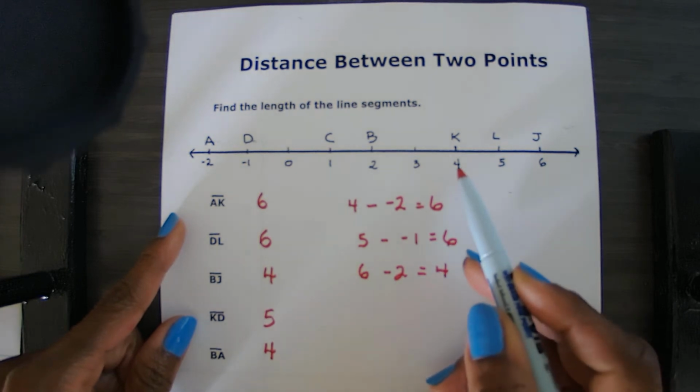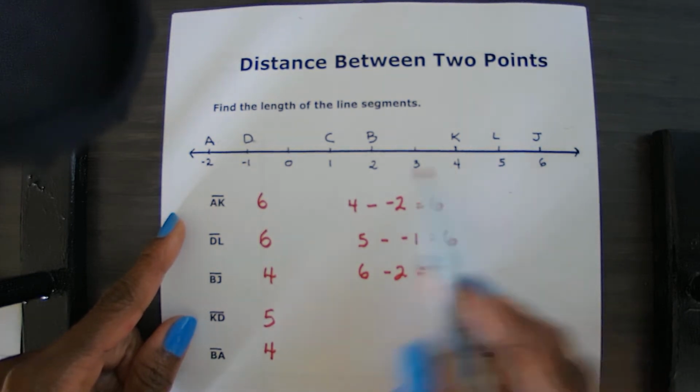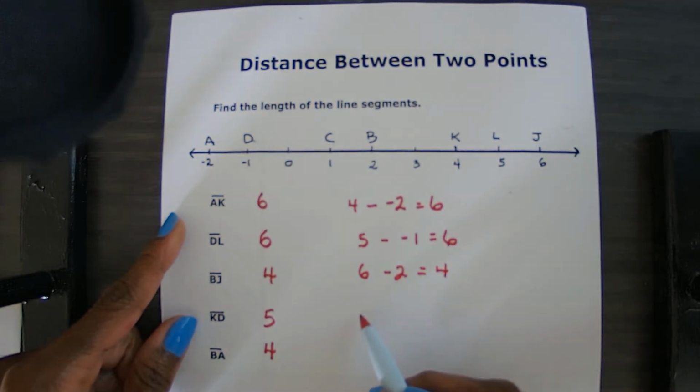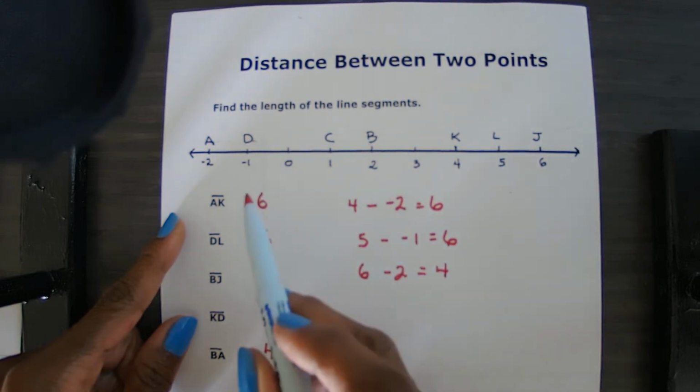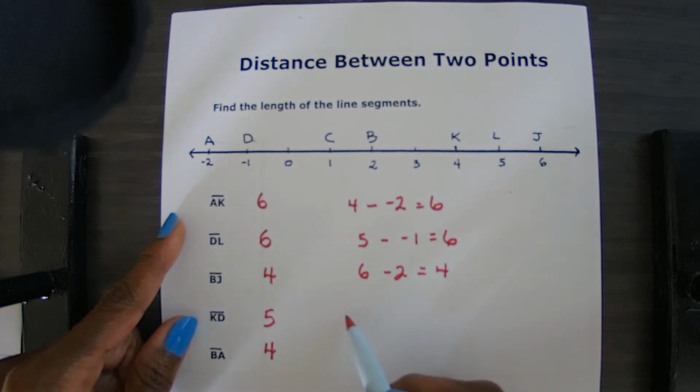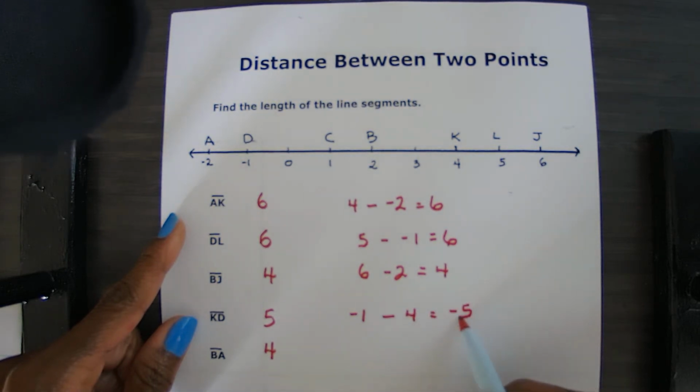And let's look at KD. I ended up at D, so I will do -1 minus 4 to keep us consistent, which will give me -5.